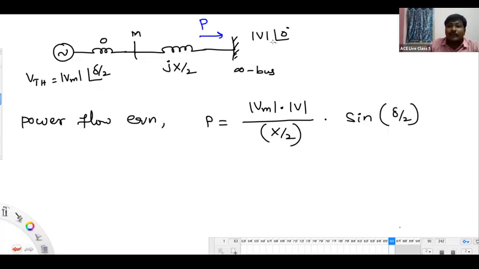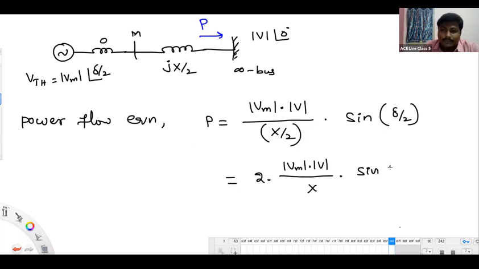This is the power equation. So this is nothing but 2 times Vm V by X into sine delta by 2.